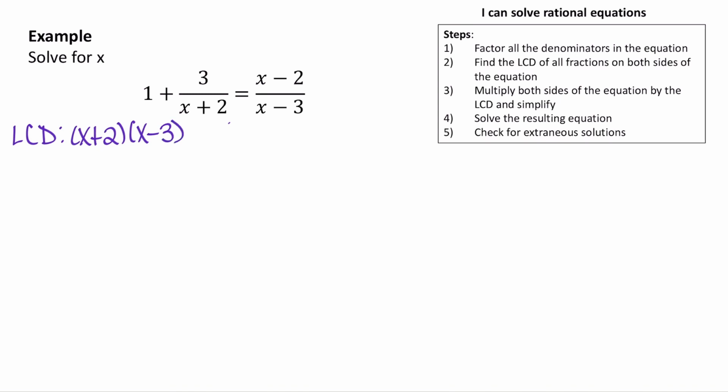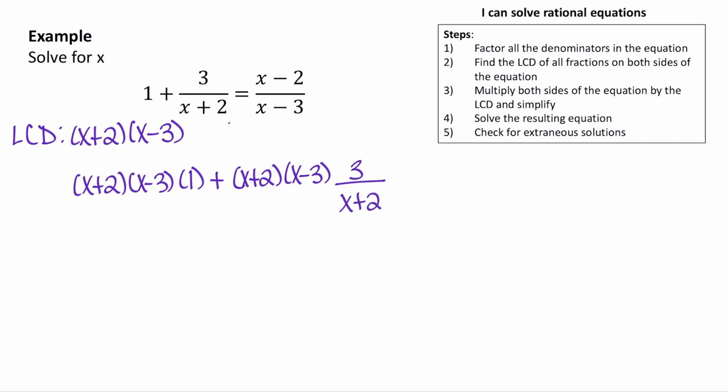So I'm going to multiply everything in this equation by that. So I have x plus 2 times x minus 3 times 1, and then plus x plus 2 times x minus 3 times 3 over x plus 2 equals x plus 2 times x minus 3 times x minus 2 over x minus 3.